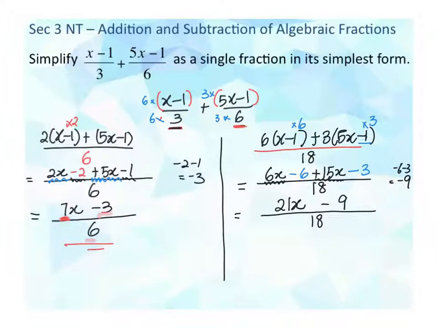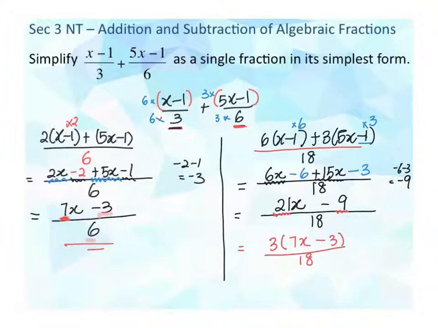Now, some of you will stop down here. But what we have to do is simplify the fraction. Why is that so? Because if you look at 21 and 9, there is a common factor, 3. 21 divided by 3 gives me 7x, minus 9 divided by 3 gives me 3, over 18.